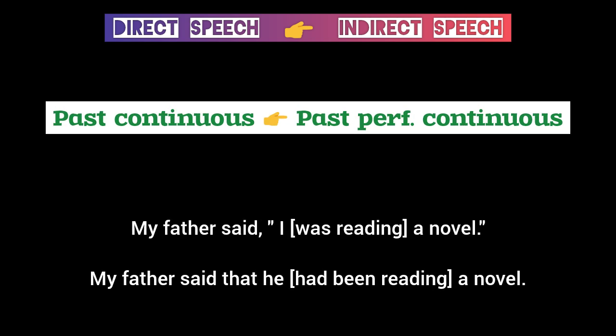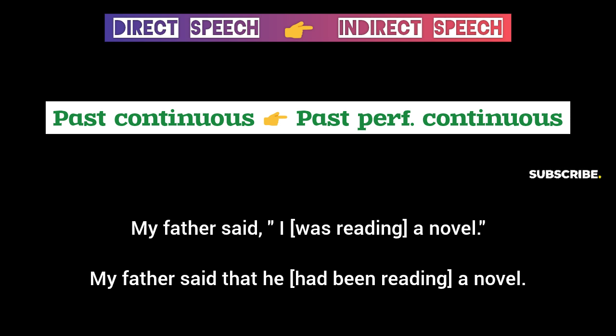Now, if you have the past continuous tense in the direct speech, make it past perfect continuous in the indirect speech. But let me remind you yet again that these tense changes are effected only if the reporting verb is in the past tense. For example, my father said, I was reading a novel.